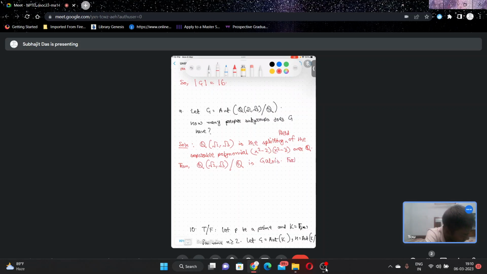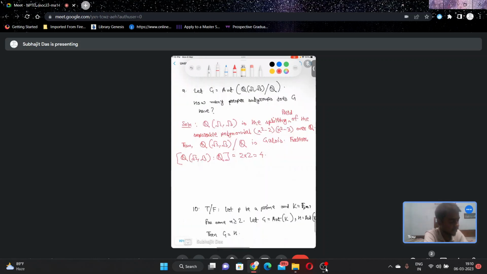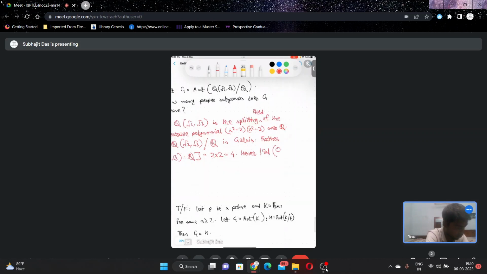Further, the degree of this extension over Q is exactly equal to 2 times 2, which is 4, right? Hence the cardinality of the Galois group G, since this is a Galois extension, will be equal to the degree of the extension, which is equal to 4.